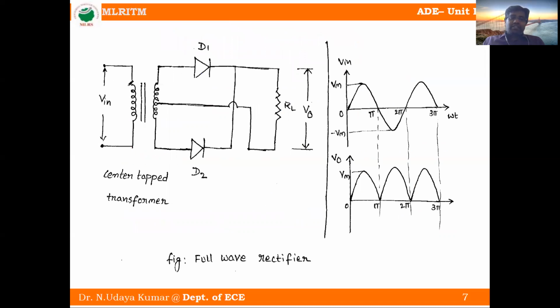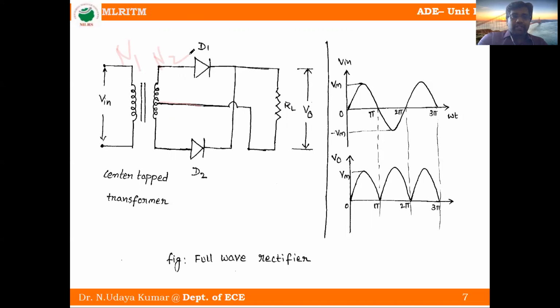This one is the center tap transformer. In half wave rectifier, you saw the transformer symbol; there is no center line in half wave rectifier. Now it is there, so we call it the center tap. This is the turns N1, this one is N2.